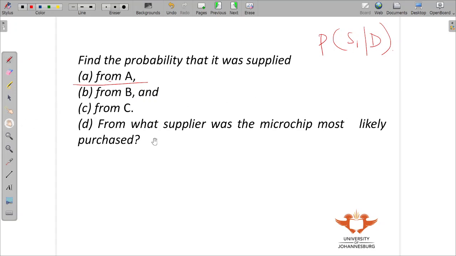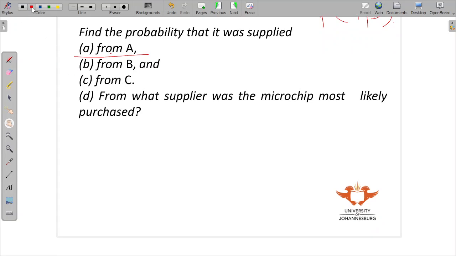But this supplier is in how many parts? In 3 parts. We have 3 types of supply. So we have S1 given D. What will be the formula?